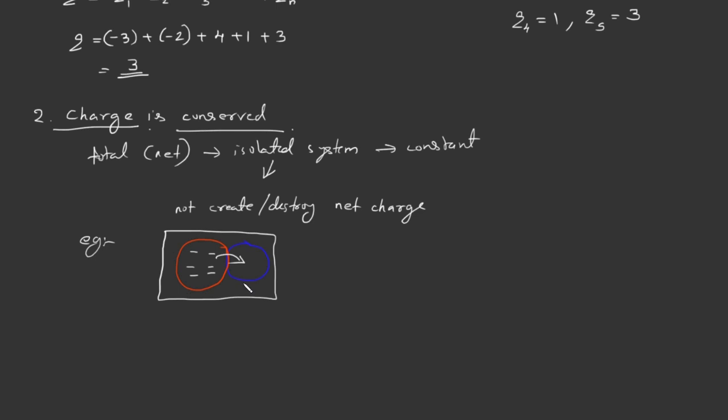We can make the particle charged or destroy the charge of a particle, but as a system the net charge remains constant. This is the second property, that is, charge is conserved. We can see that in all examples we saw here, this property is followed.